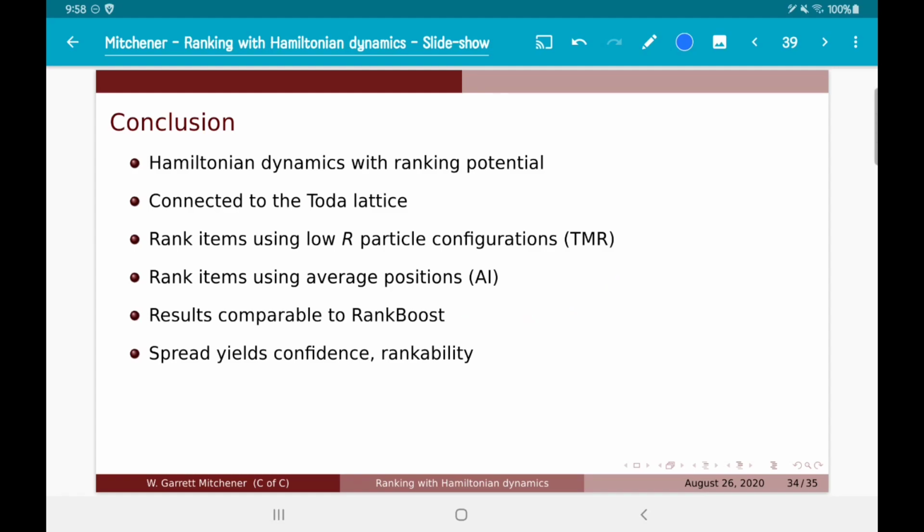Furthermore, not only do you get an ordering out of these algorithms, but you also get a particle configuration. You can use the spacing of the particles to estimate some measure of confidence or rankability. How sure am I that this item should be to the left compared to that item?